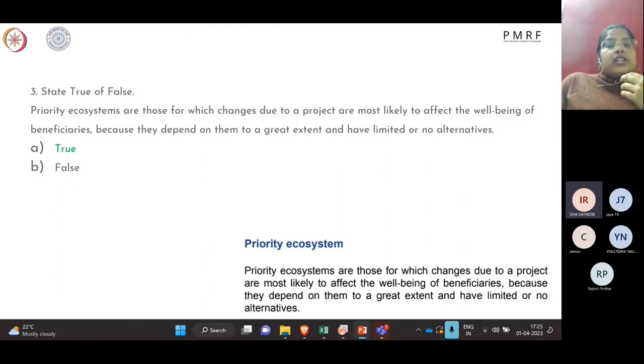So these ecosystems need to be dealt very sensitively in your ESR review, and mitigation efforts should be taken such that the effect on ecosystem services, which are the activities on vulnerable groups are dependent on are not disrupted or an alternative is provided to them.